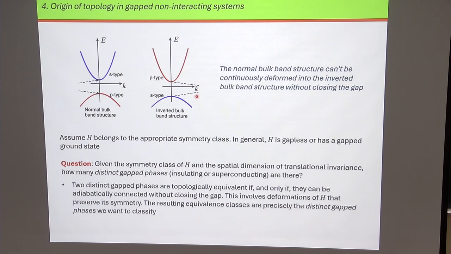In general, a Hamiltonian in any of these classes either has a gap or doesn't.